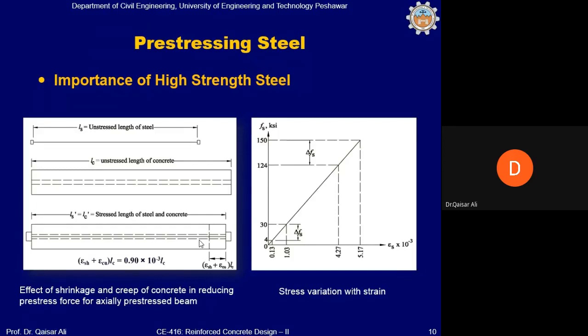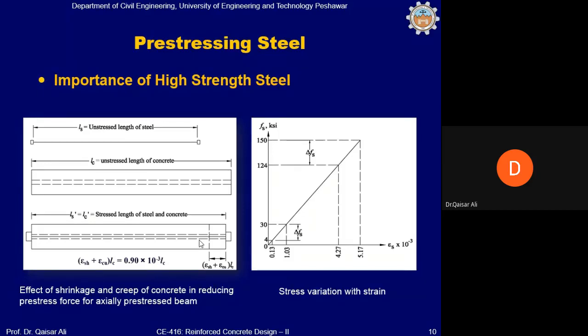If steel succeeds in regaining some of its original length, then the pre-stress equal to that amount will be lost, and it will not be a good situation, because we should have a pre-compression force applied throughout the life of the concrete member.